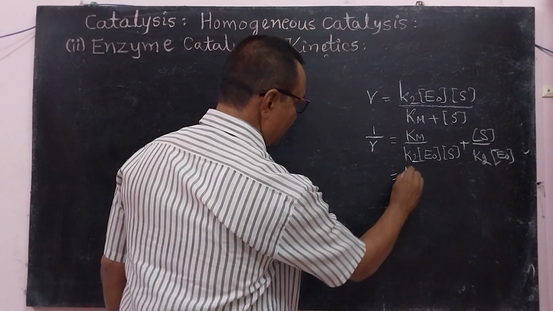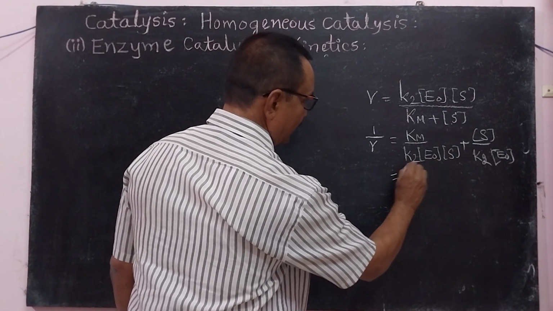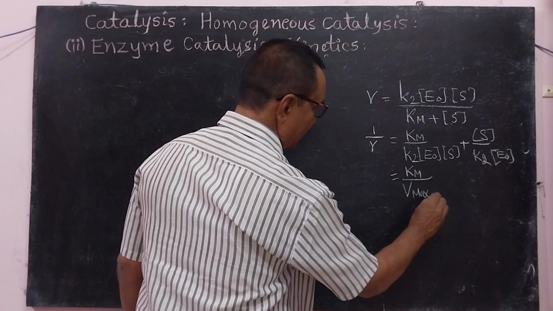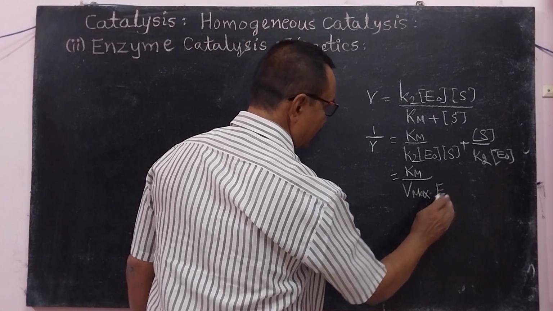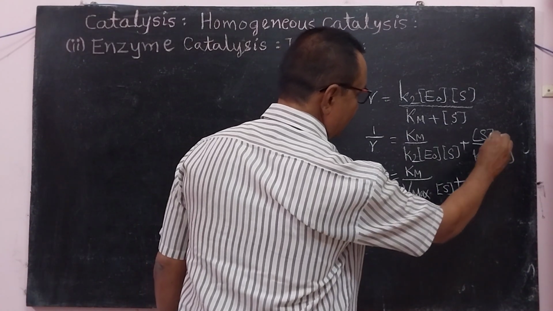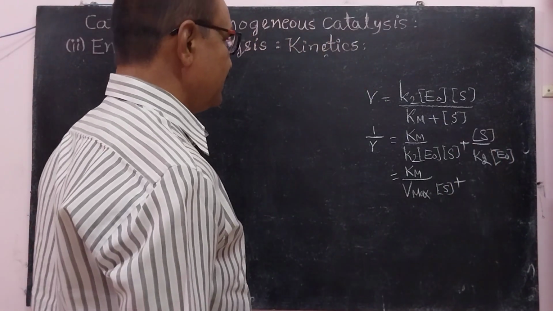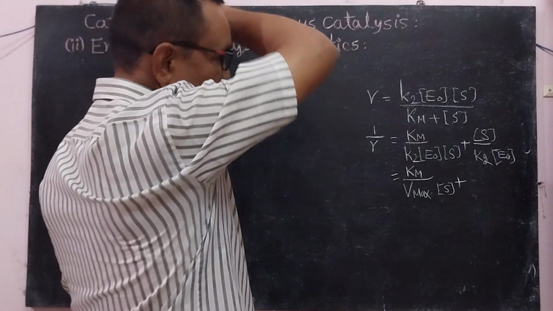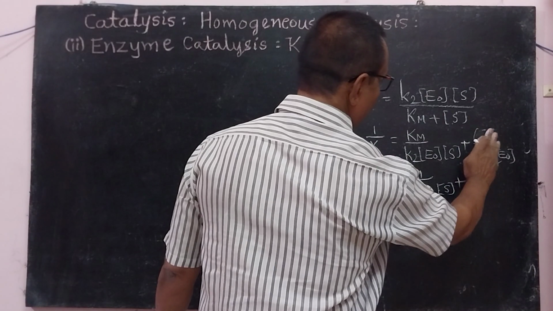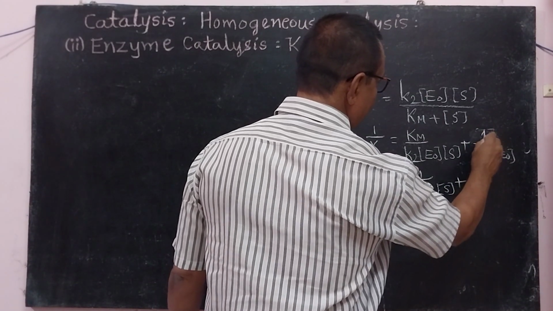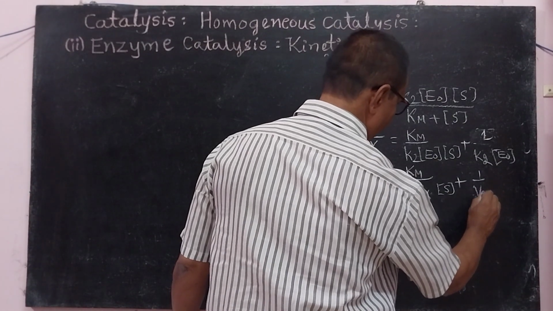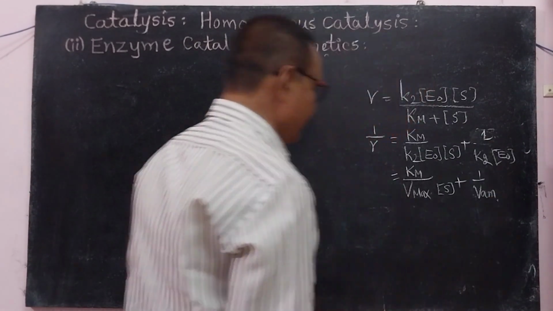We may take K2 into E0 as Vmax. So this is Km divided by Vmax into 1 divided by S, plus, as the S gets cancelled, 1 divided by Vmax.